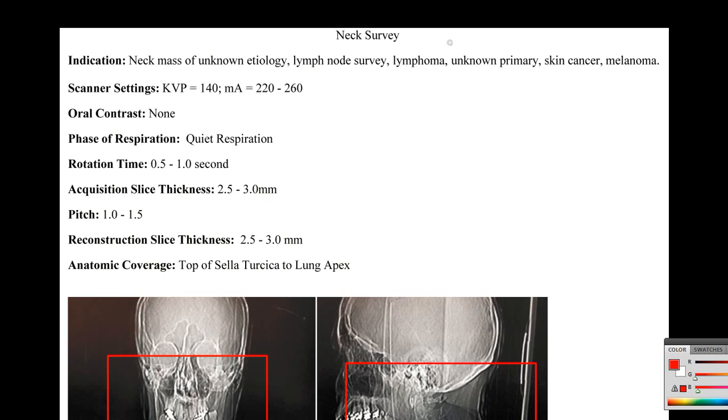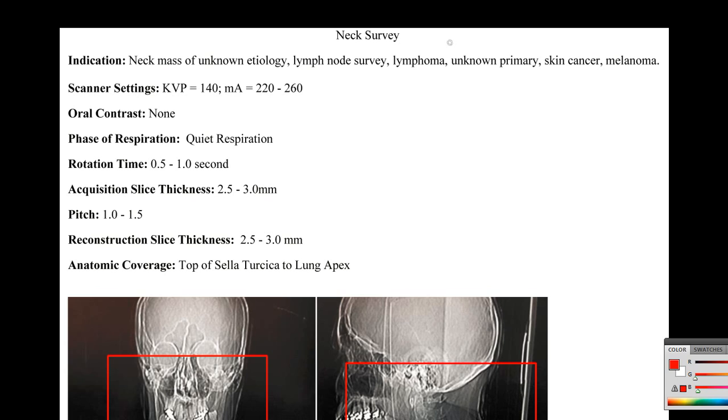I see that a lot of times where a knot has just come up on their neck, and you're wanting a better definition of what is going on with the patient. Also, lymph node surveys, lymphoma, unknown primary type of cancer, skin cancer, melanoma, all of this can be used for a neck survey.